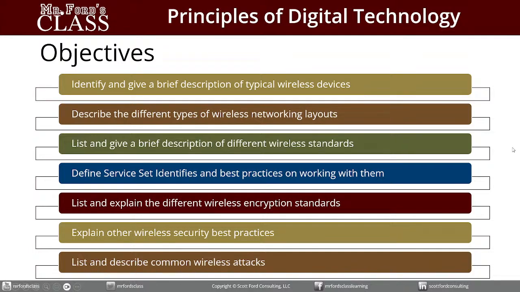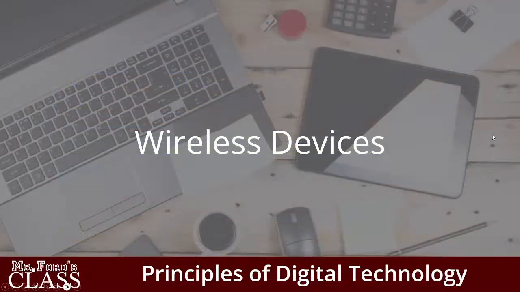Our objectives for this unit and the live stream is to identify and give a brief description of typical wireless devices, describe the different types of wireless networking layouts, list and give a brief description of different wireless standards, define service set identifiers and best practices on working with them, list and explain the different wireless encryption standards, explain other wireless security best practices, and list and describe common wireless attacks.